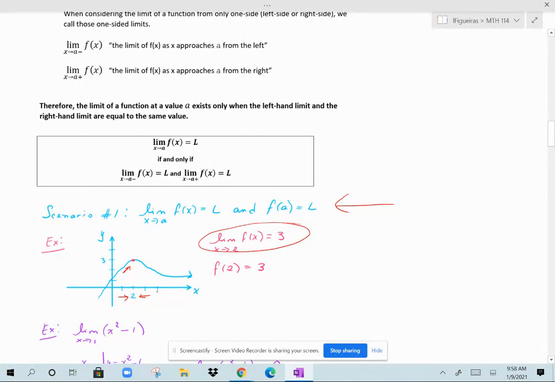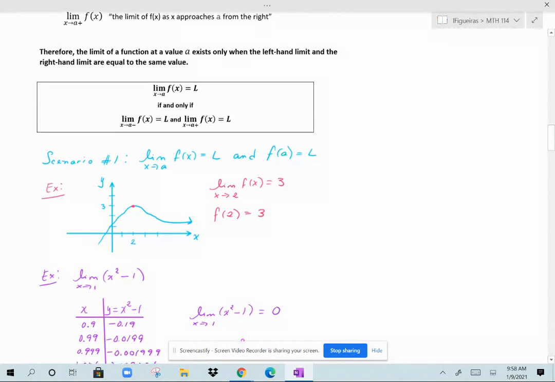And as I get closer and closer to 2 on the right, so this being the right side, and I follow the path of the graph, it also appears to be approaching that number 3. So my limit value as x approaches 2 is 3. But it's also defined at 2 to have a value of 3. So f of 2 is also 3. So both the limit and the function value are the same. That's the simplest of all of your scenarios.